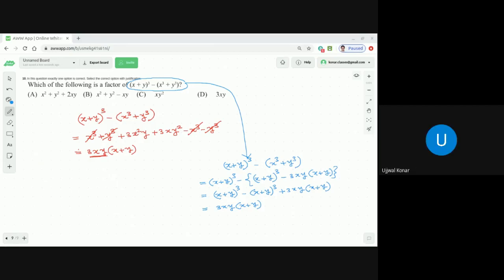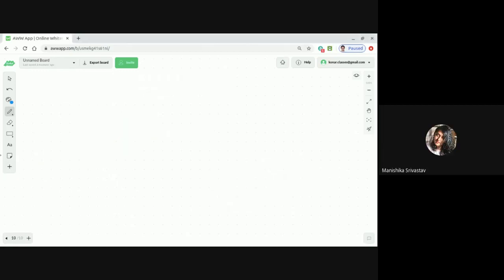Okay. Now I have another question. How I did it was, I took the factors of 25x square minus 1, that is a square minus b square. So I got (5x minus 1) into (5x plus 1). So that's why I took c. Can you do it and explain? Okay, let's work on it.